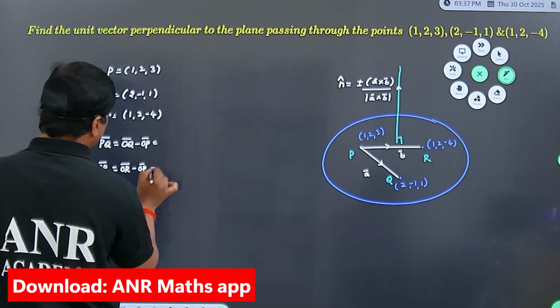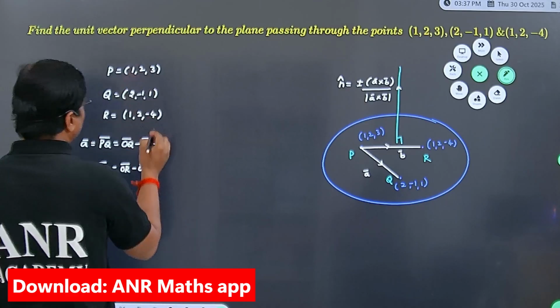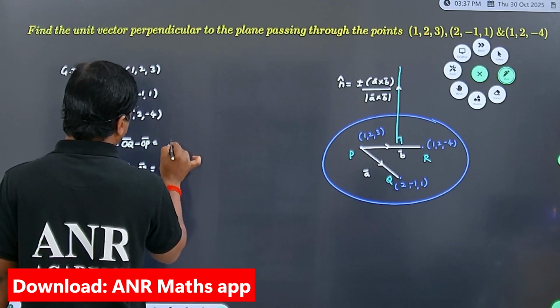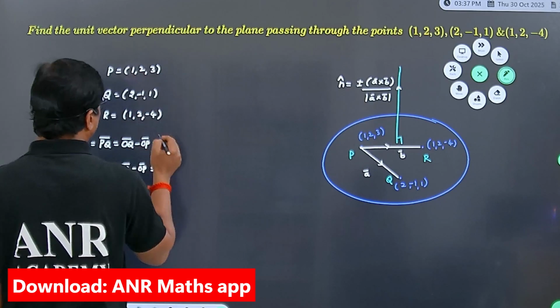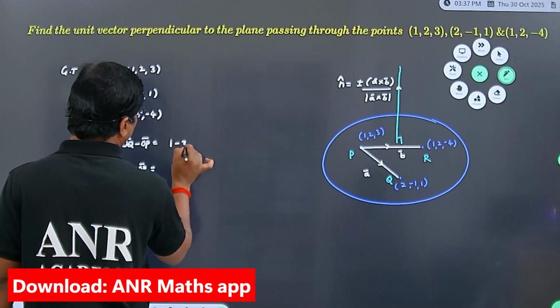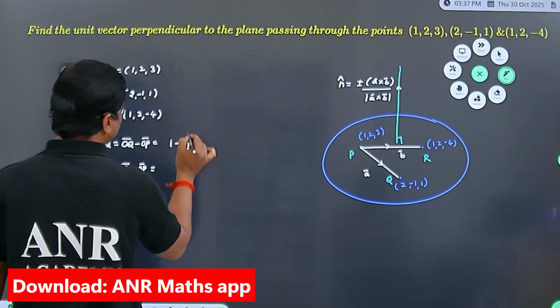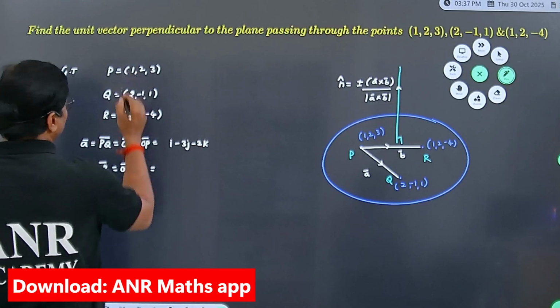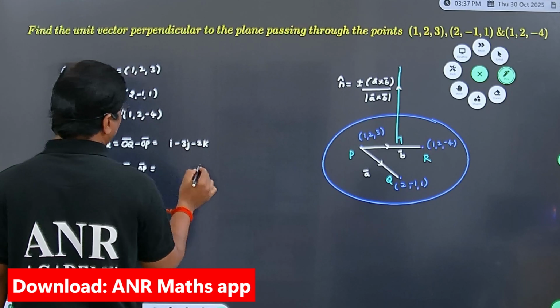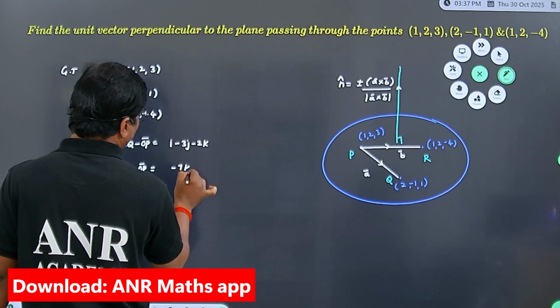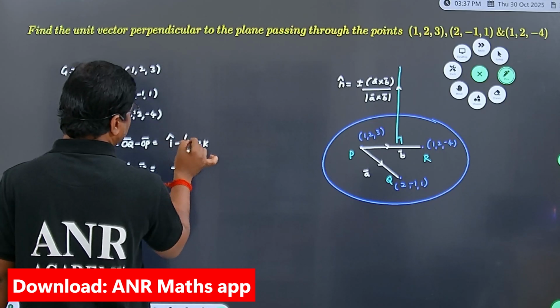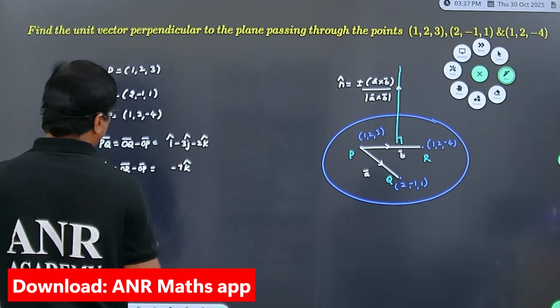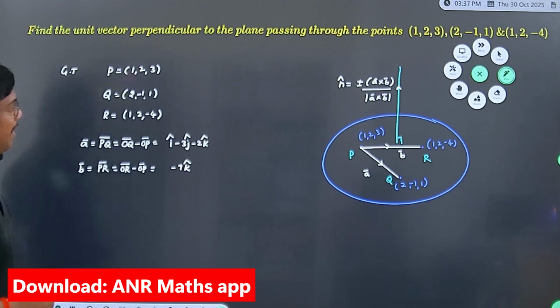OQ minus OP, 2 minus 1, that is 1i, minus 1 minus 2j, that is minus 3j, 1 minus 3 minus 2k. Next OR minus OP, 1 minus 1 is 0, 2 minus 2 is 0, minus 7k we get. Yes, these are A and B.